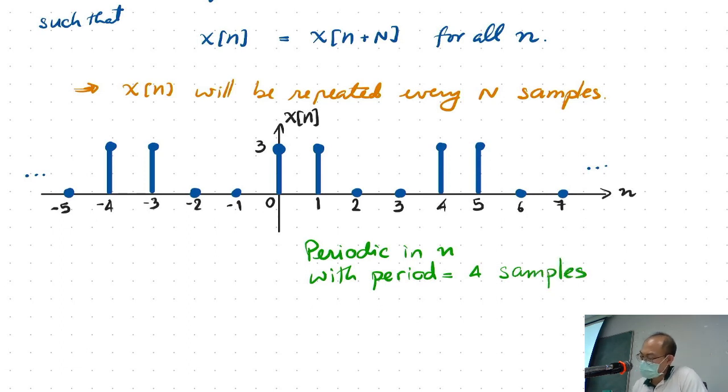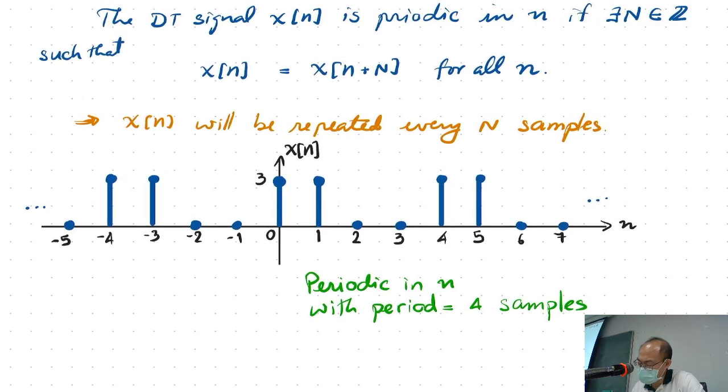If you notice here, the unit is samples. It is not seconds. It is not days. It is not hours. It is not minutes. It is samples. This is the time unit of discrete time signals.